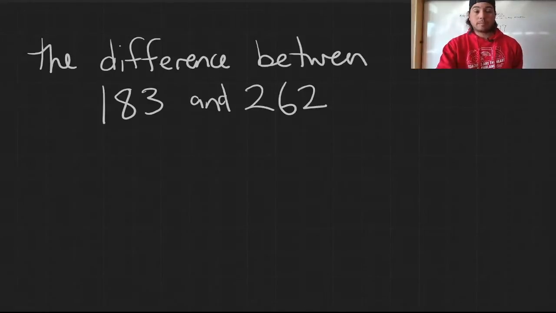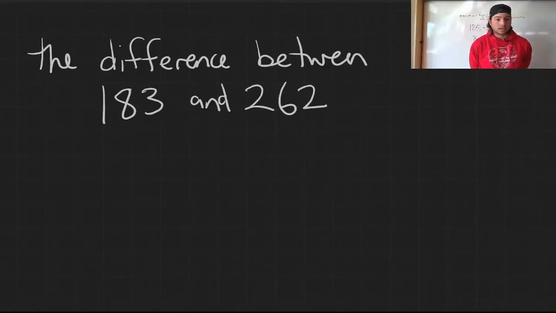And this is where your comparing comes into play, because in order to subtract, because we're not dealing with negative numbers yet, we've got to make sure we put the number that has the greater value first in our subtraction expression.